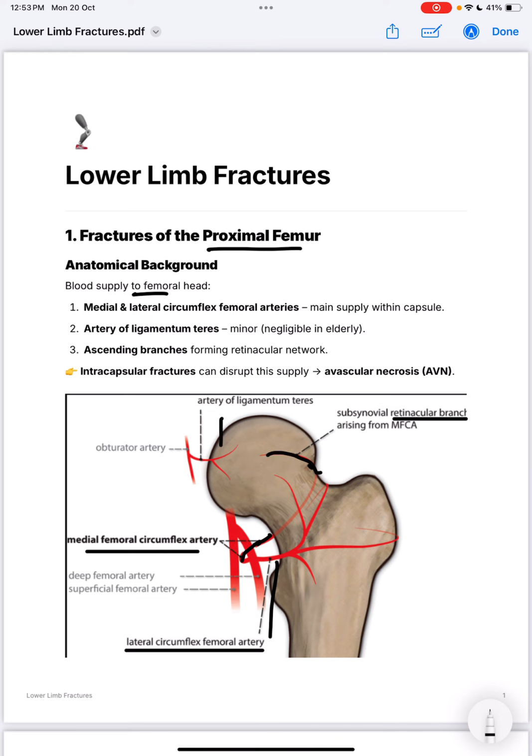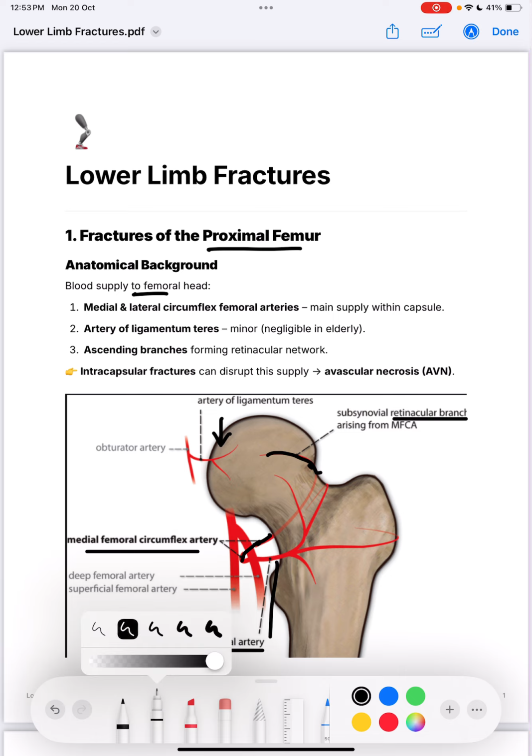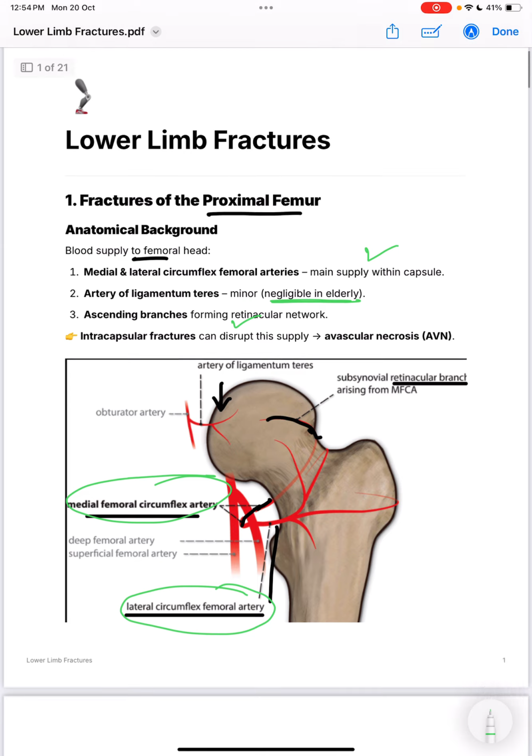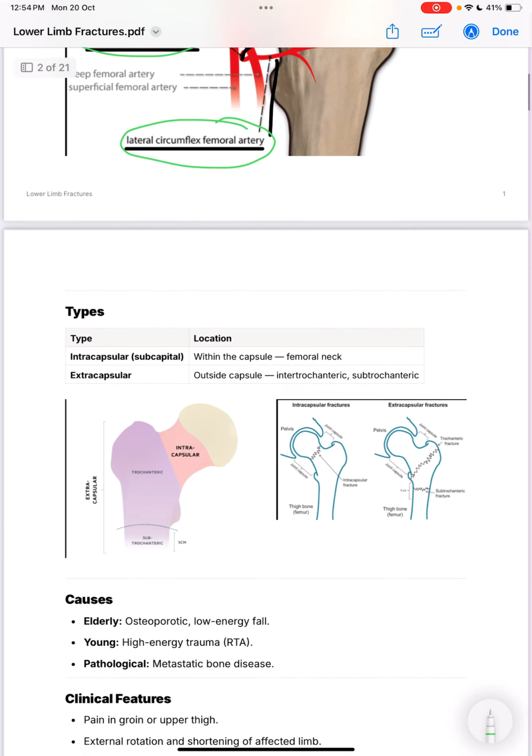And we have the artery of ligamentum teres, which is very, very small, and it supplies the head of the femur and the acetabulum, but it's negligible in elderlies. And then the medial and lateral femoral circumflex arteries are the major supplies, and the ascending branches of the retinacular artery are not very substantial, sorry.